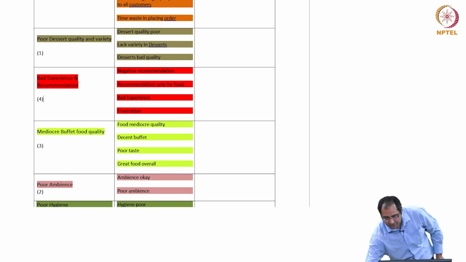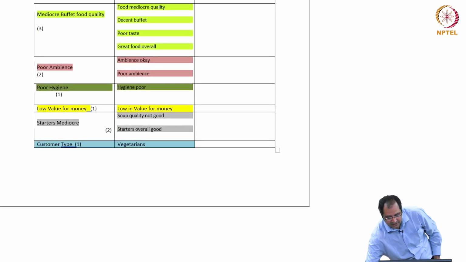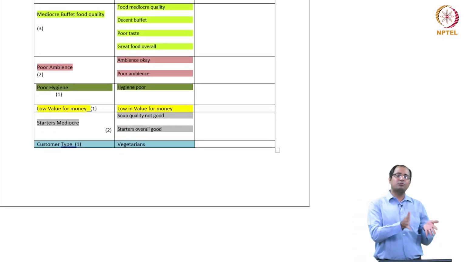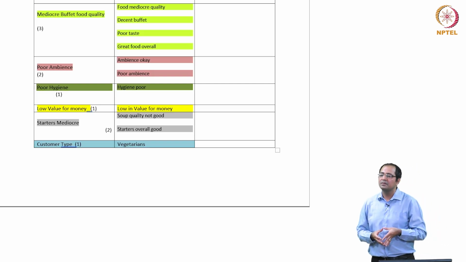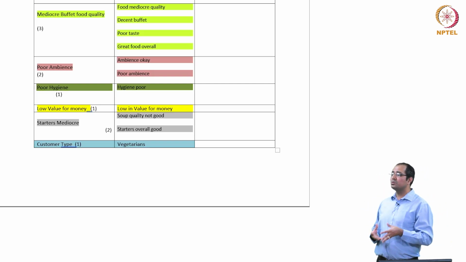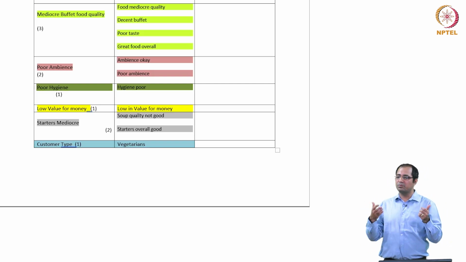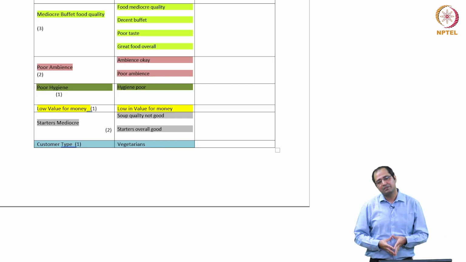So this is one of the methods. Any questions about this? Now there are many software tools that would help you do this. But if you do not want to use any software, you can just use the Word document, comments, and do this exercise.